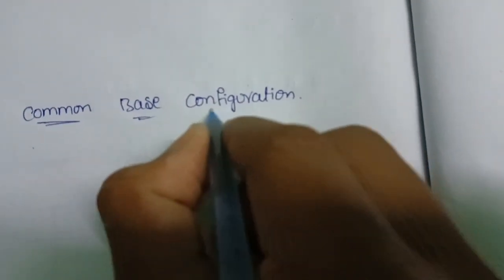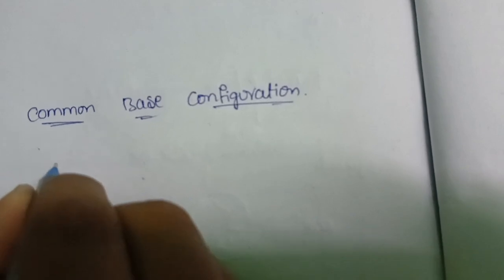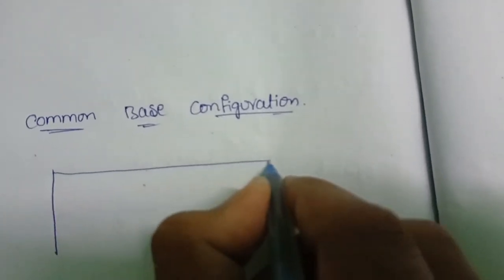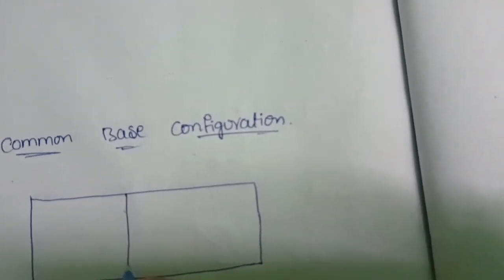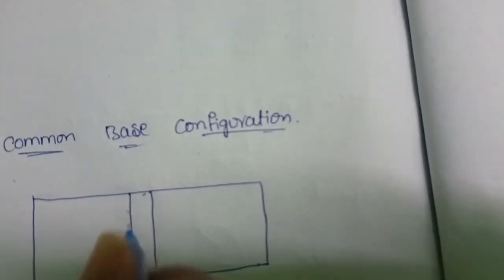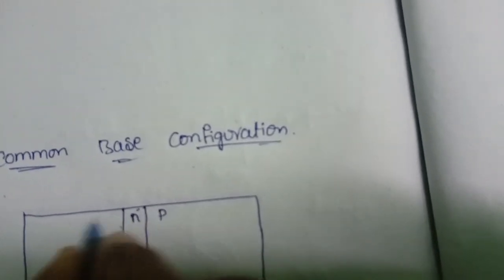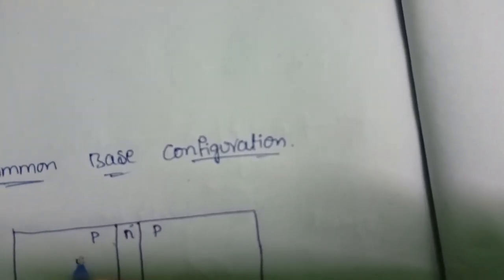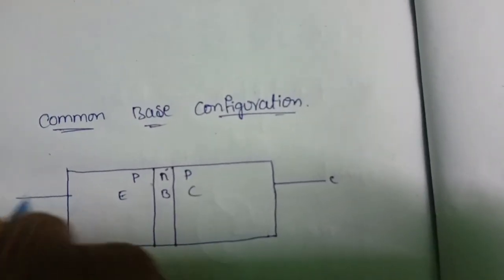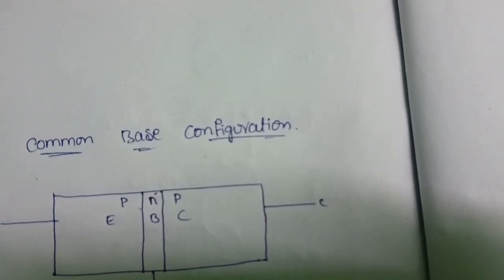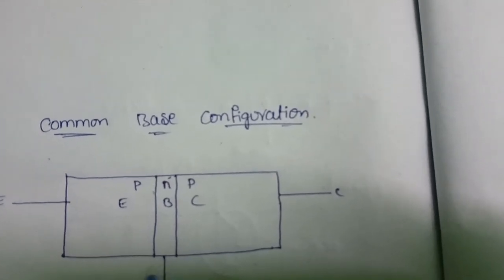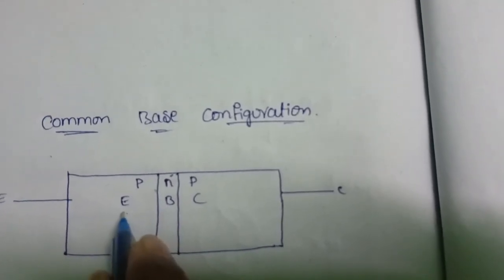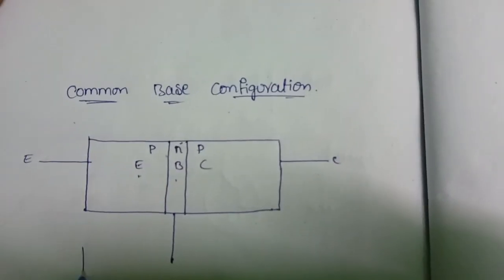Let us consider a PNP transistor: emitter, base, collector. Common base configuration is forward when the emitter base junction is forward biased.